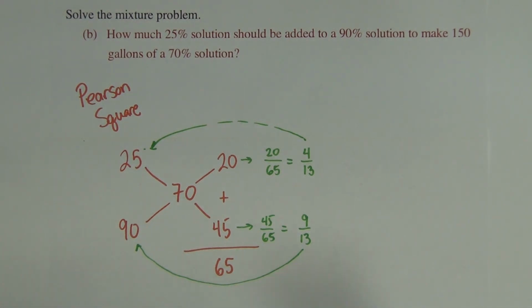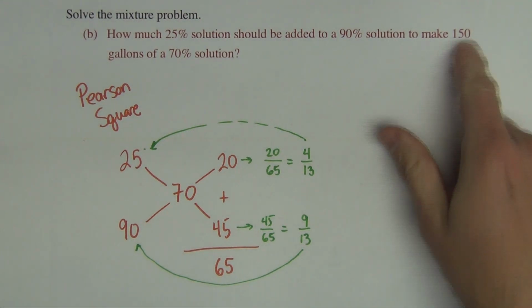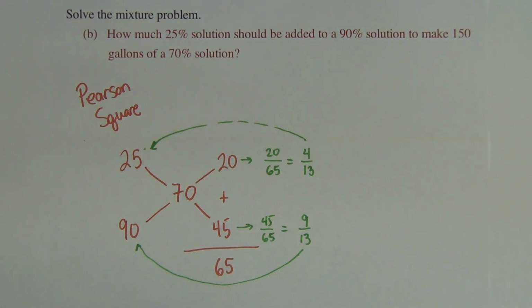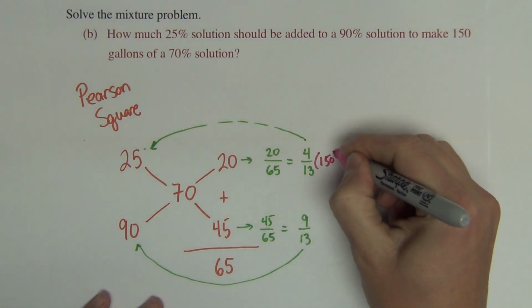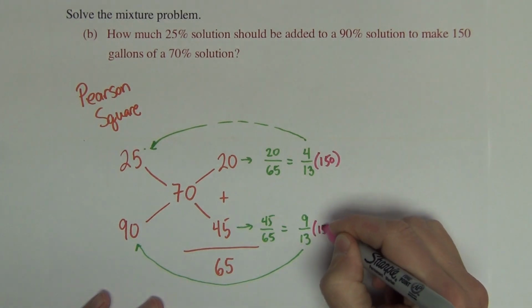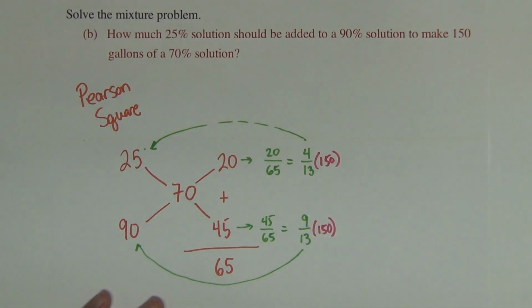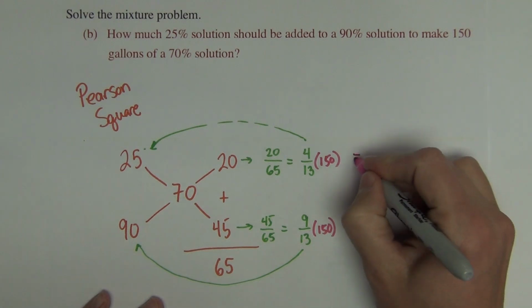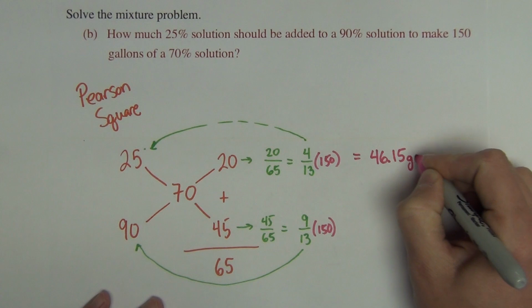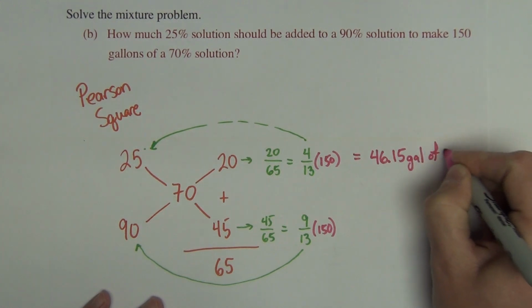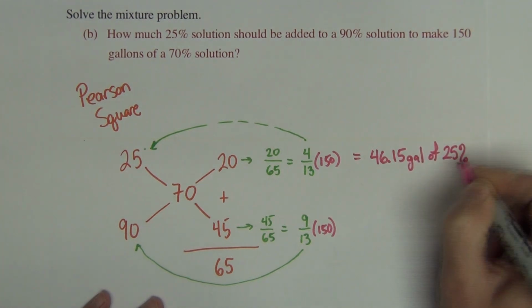Well, how much exactly? We want 150 gallons. So what I'm going to do is take these ratios, 4/13 times 150, 9/13 times 150. And if I do those, the first one is 46.15, we'll say gallons of 25%.